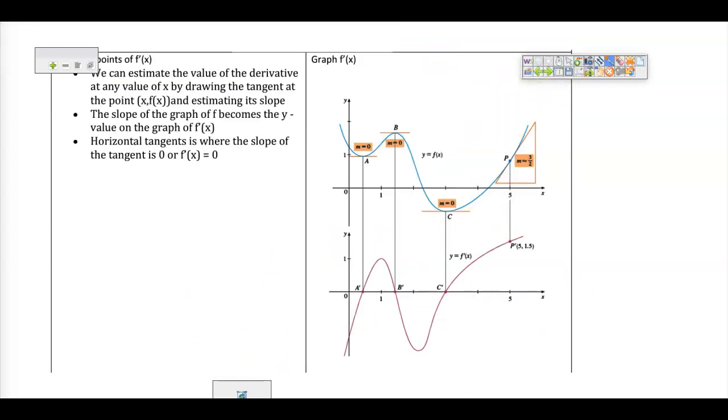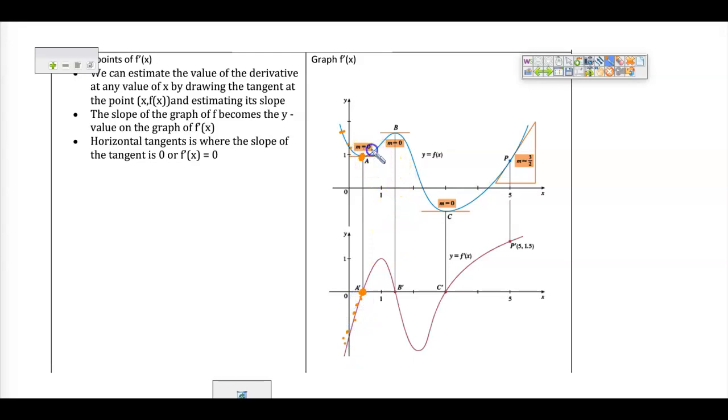So that goes to show you that here would represent the x-intercept for your derivative. And since these values here are negative, that's why these values here are negative.